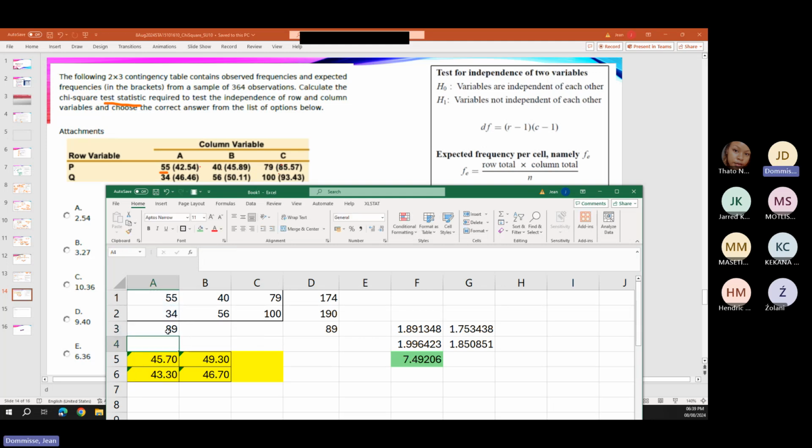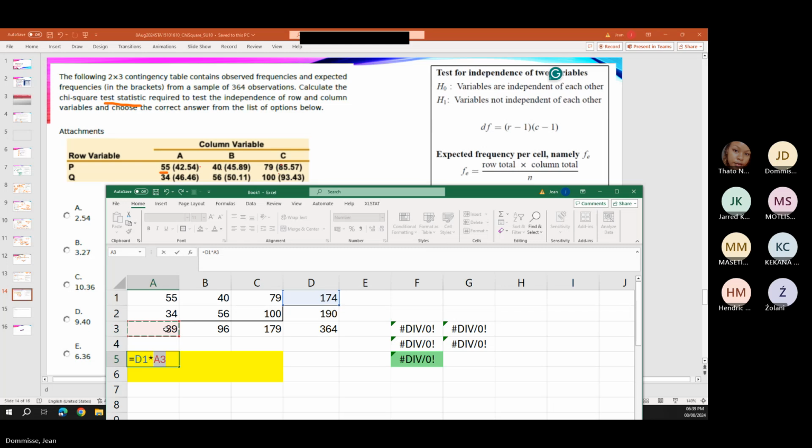Then again, you can use this one if you want to. So let's clear that all. Okay, so it was that total times that total, and it is easier for you. Just do that.